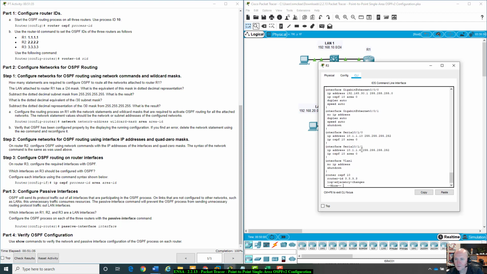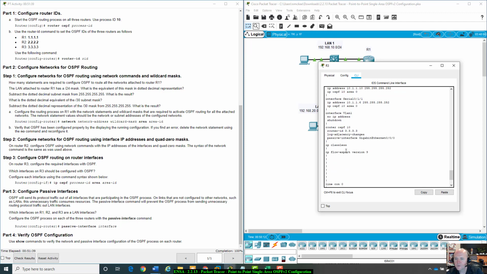Here we go, down here, OSPF. There's our entries now. Router OSPF 10, router ID 3.2.3. Passive interface is gigabit 0/0/0.